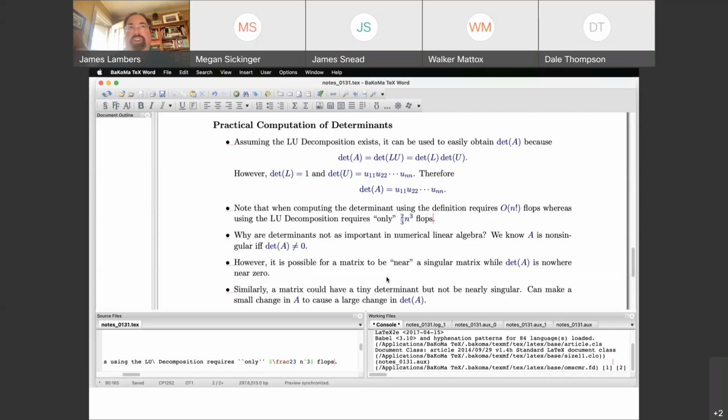So it's not a really good judge of distance between a matrix and the set of singular matrices. We do have other ways of measuring that, which I won't get into now. My point is that the determinant, as much time as I'm spending on it today, is not really a big deal in numerical linear algebra, in contrast to what you see in classes like 326, where a huge deal is made out of it.